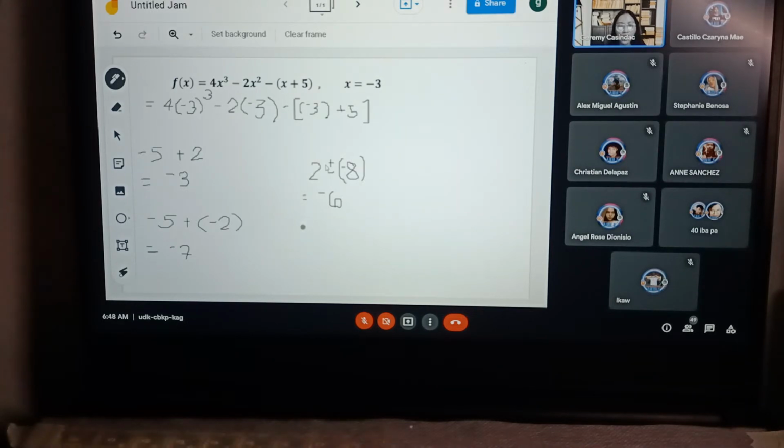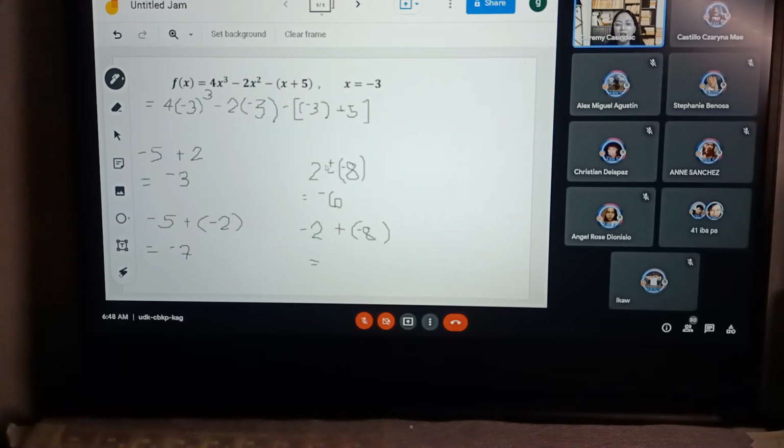Okay, how about this one? Negative 2 minus negative 8. Paano sagot? Permission to speak po. Benosa, negative 10.